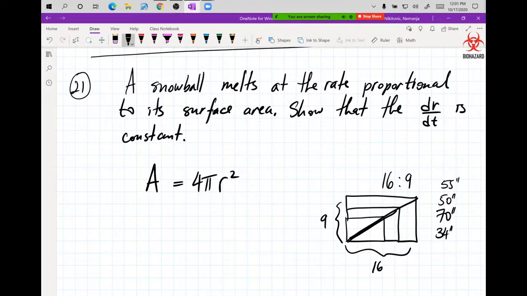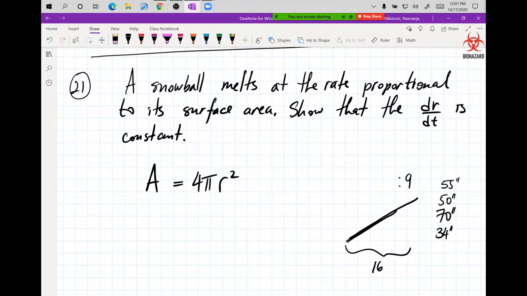So when you say that something is proportional, you have that k worked into it. A snowball melts at a rate proportional to its surface area.